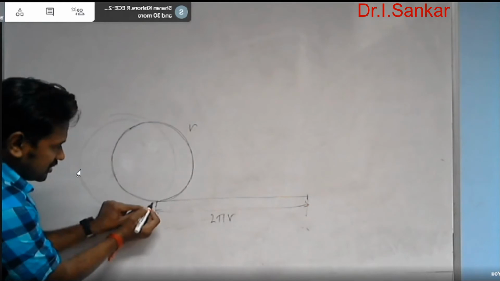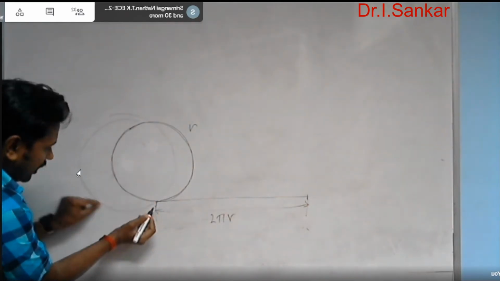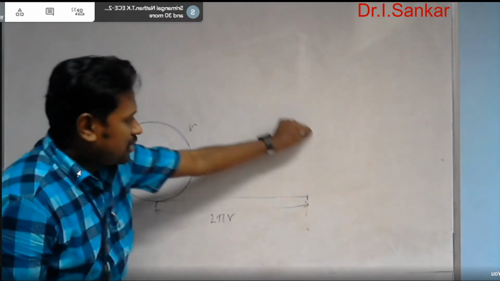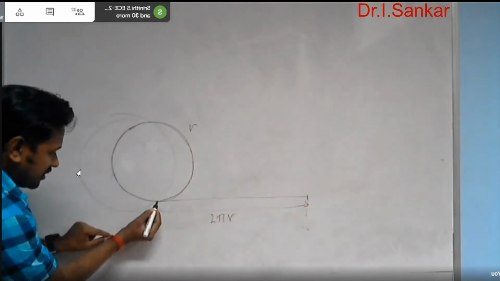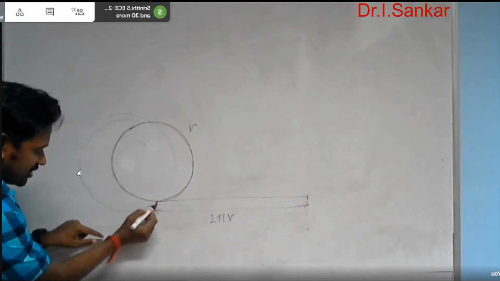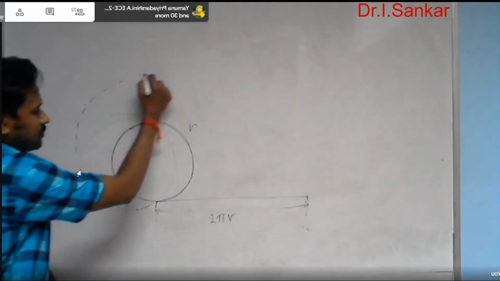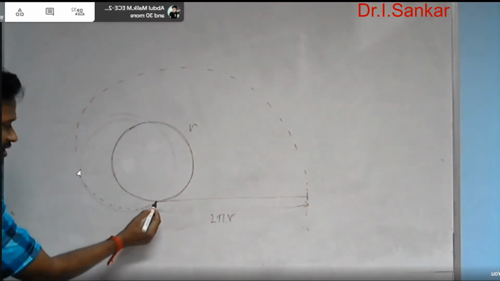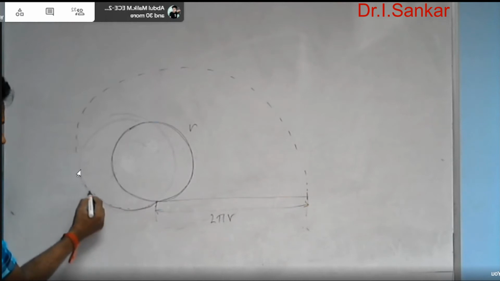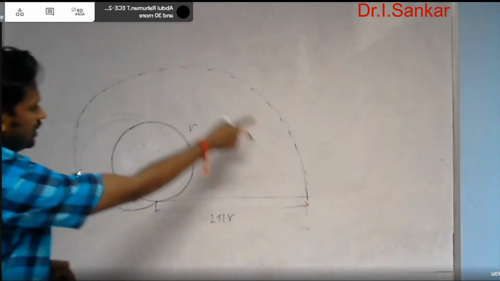I start to release the thread from this circle and leave it like that. So the tip of the thread will follow this path, and then this will come to this place. The path traced by the tip of the thread is the involute curve.